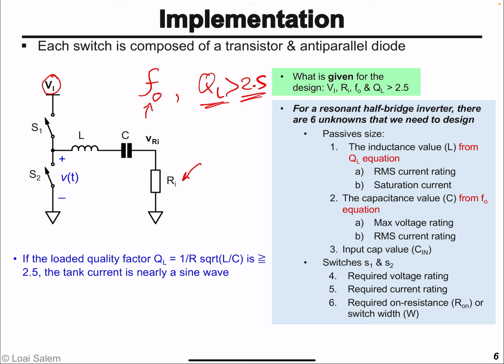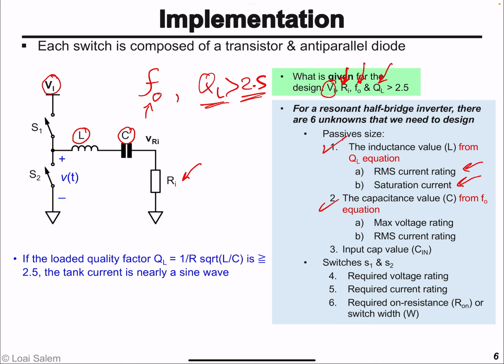Now these are the givens: the DC input voltage, the load resistor, the center frequency, and the quality factor. Now what are the unknowns? Number one, what is the inductance that we need for the LC filter, as well as the capacitance? And of course, we know for an inductor there is an RMS current rating and a saturation current rating.